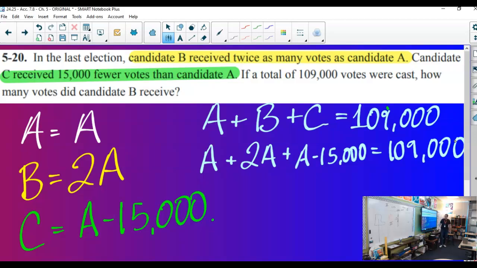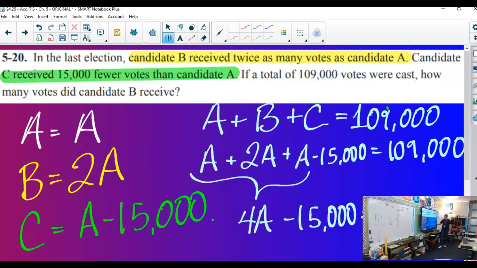All right, now at this point, I combined all my like terms into 4A, and then minus 15,000 equals 109,000. And you definitely didn't write any of this down on your paper. I definitely didn't. Being sarcastic, guys, you gotta write stuff down. This is too much math to try to just do in your head.